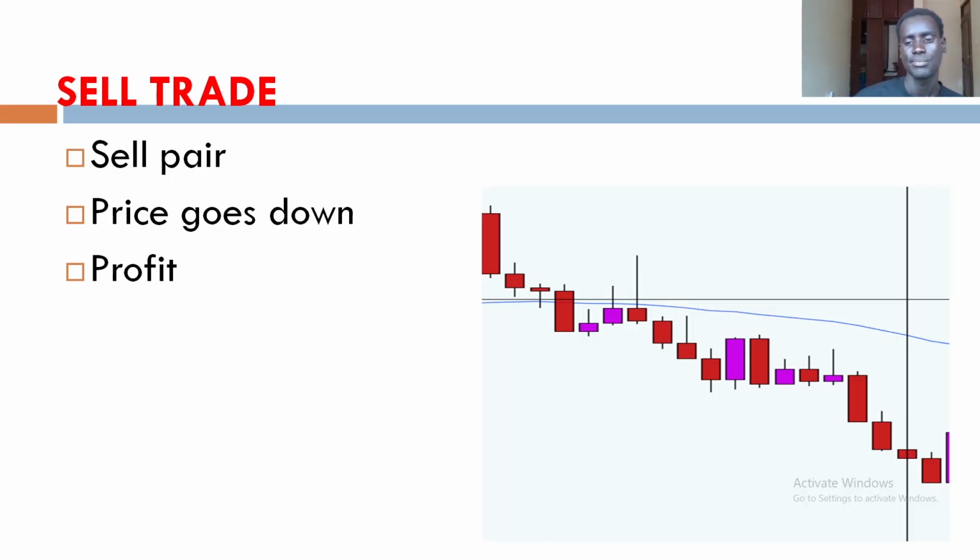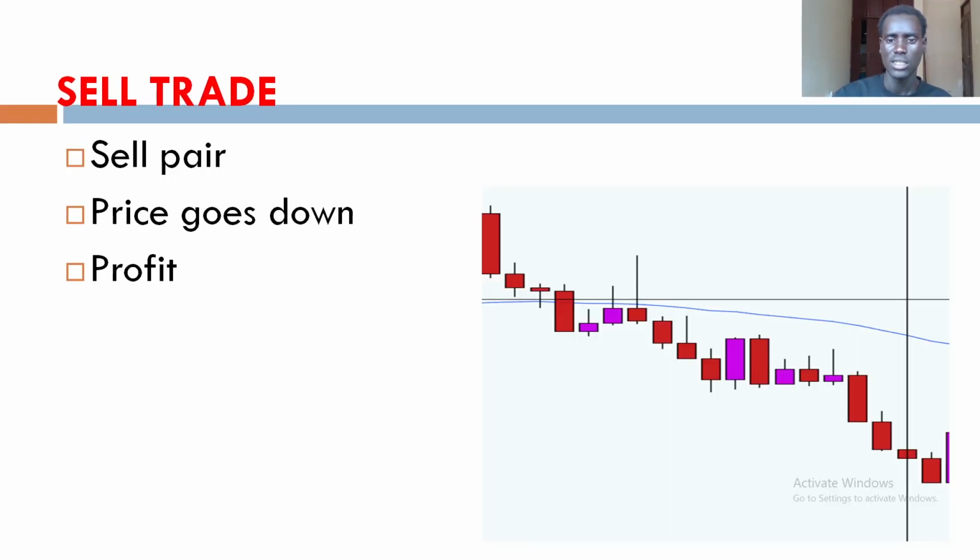Sell trade. As I told you before, when prices are coming down, we place a sell. These are called candlesticks, and they represent price movement. We are going to get deeper, but I just want to explain it in a simple way.